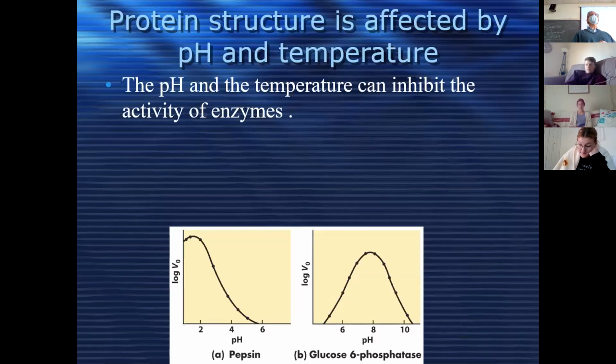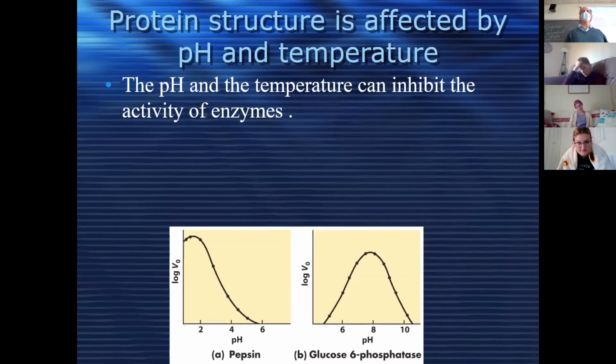So enzymes have a sweet spot where they work. That sweet spot will allow them to do their catalyzing of reactions with a great deal of efficiency. Some enzymes have very wide conditions under which they're effective.